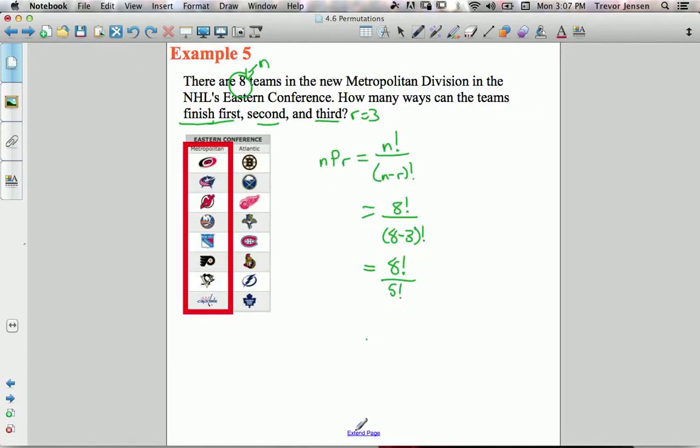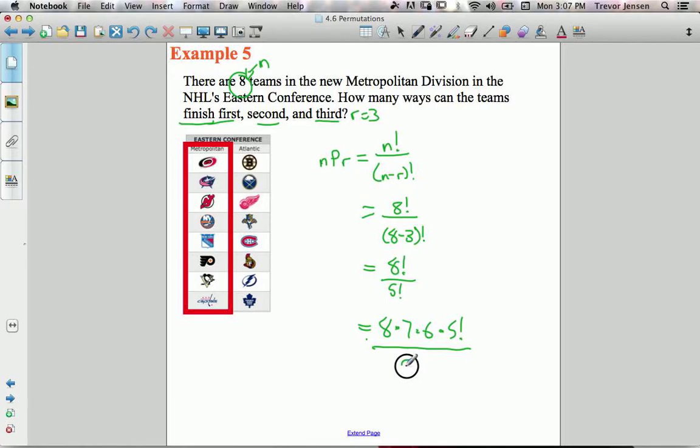If I was to expand 8 factorial, it would be 8 times 7 times 6 times 5 times 4 times 3 times 2 times 1, all the way down to 1. So if I want to cut off my expansion, I can add in a factorial symbol and write it like that. Because what does this mean? This means 8 times 7 times 6 times 5 factorial, and 5 factorial would mean it keeps continuing to 4, 3, 2, and 1.